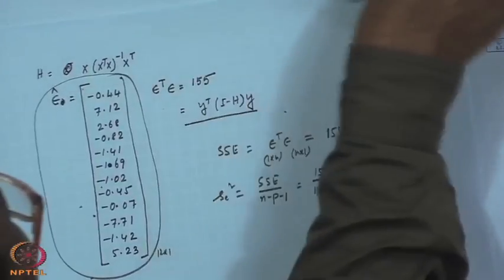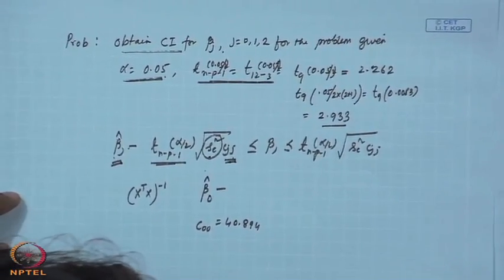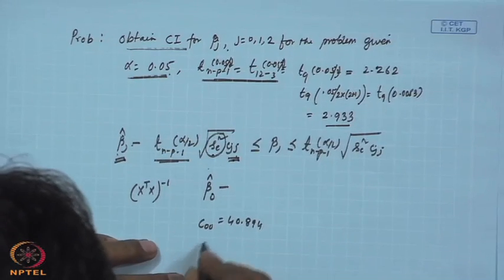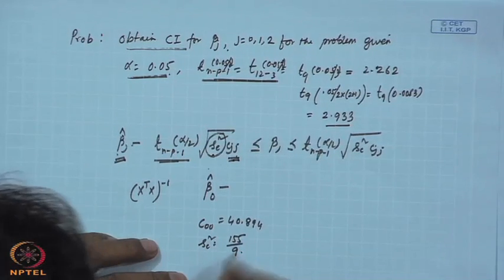That means, what are the things known to you now, what you require to compute? You require this. So, our s square is 155 by 9.